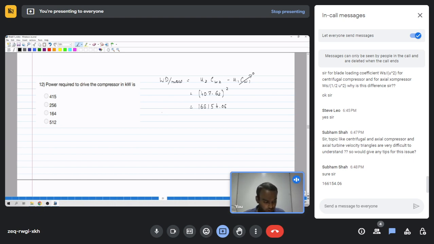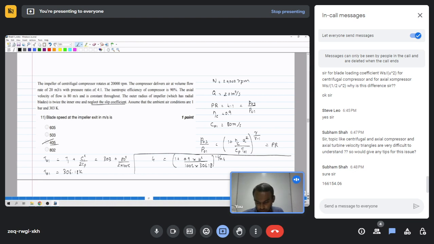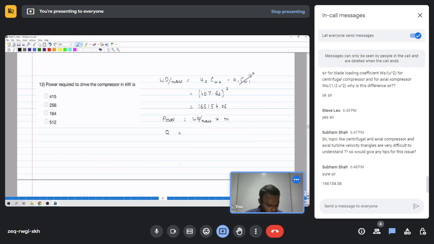Now we want to calculate the power. Power will be work done per unit mass into mass flow rate, and so far we have only Q, that is 20 meter cube per second. So we need to calculate the density and then get the mass flow rate and then put into the power equation. So for density we have P by RT.